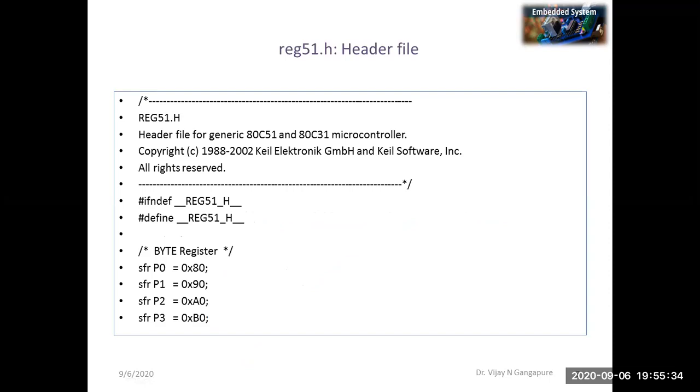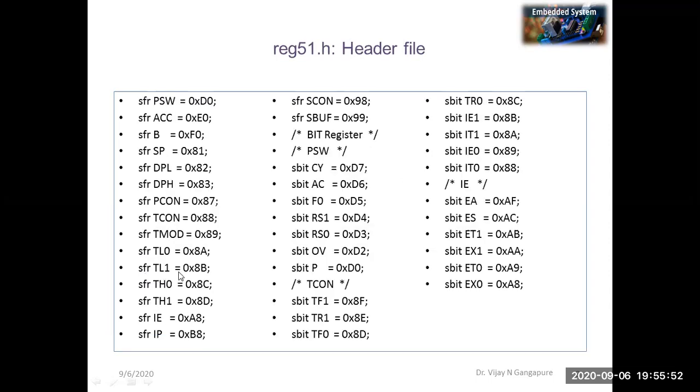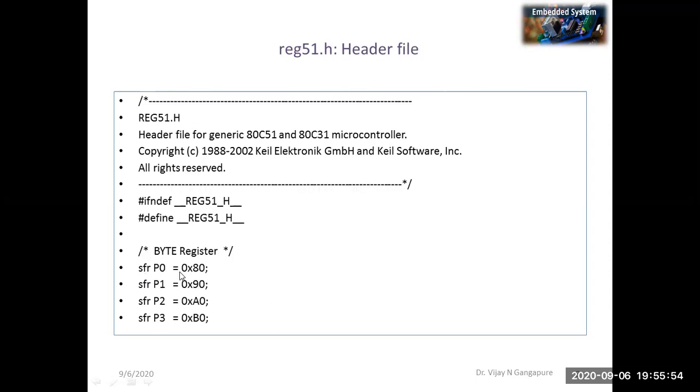So this is what the reg51.h header file looks like. If you open this header file reg51.h in a text editor, it will look like this. Here I'm using the SFR data type. SFR P0 is equal to 0x80, because 0x80 is the address of port 0.